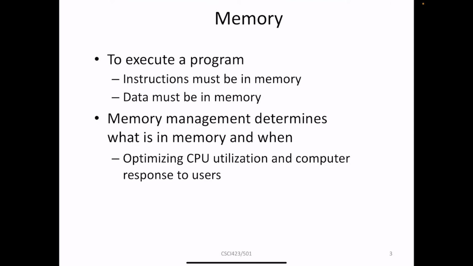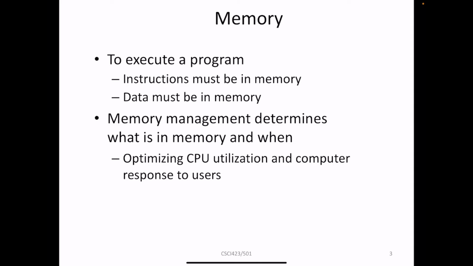Besides the process, another very important component of a computer system is the main memory. To execute a program and make it run in the CPU as a process, the corresponding instructions must be loaded into the main memory, and the corresponding data has to be loaded into the memory as well.